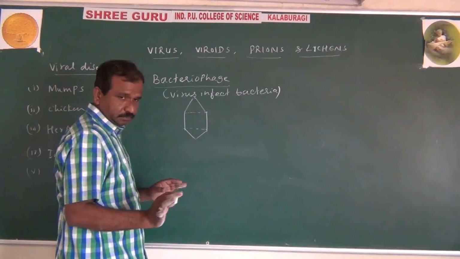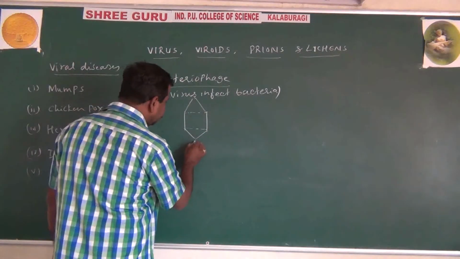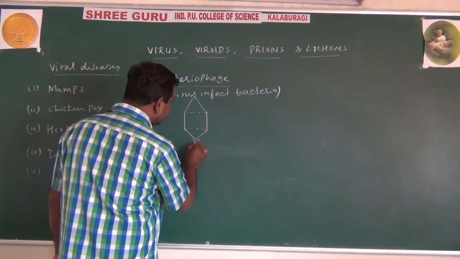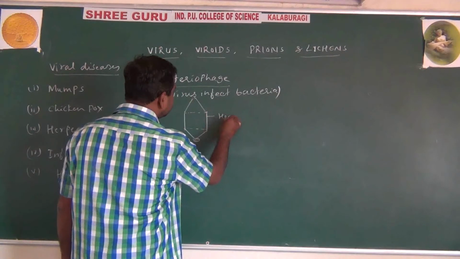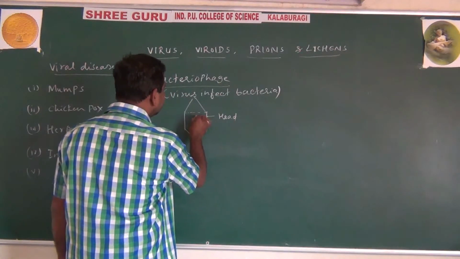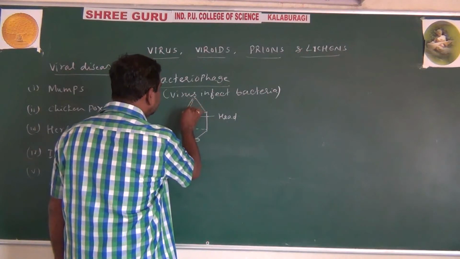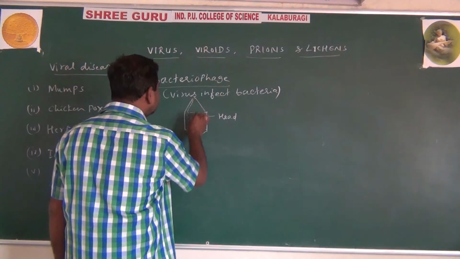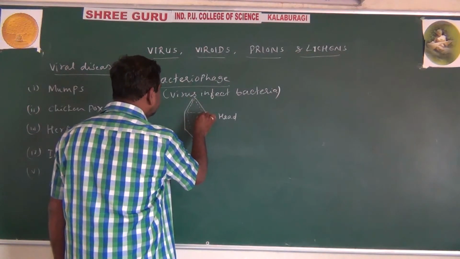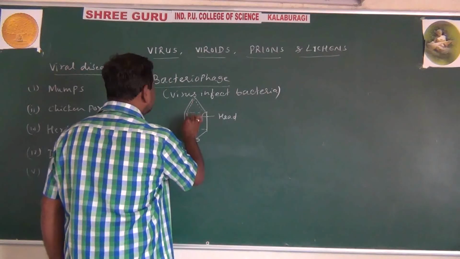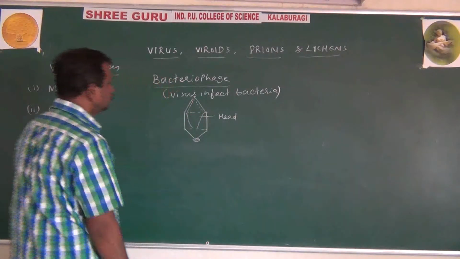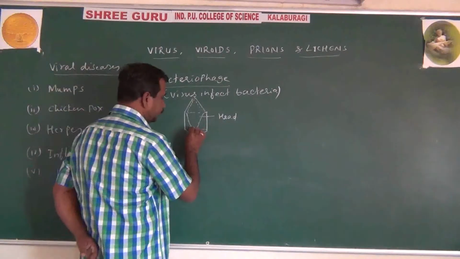This is not needed for practice in our notebook because it is not asked in the examination. This is considered the head. A 20-sided structure is found here. This is what we are studying about the bacteriophage.